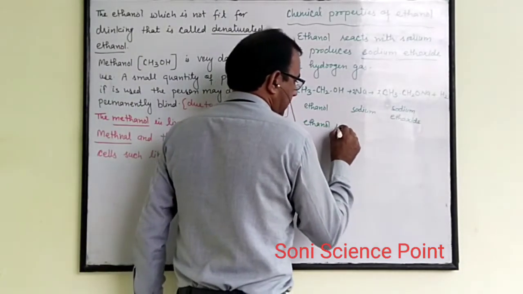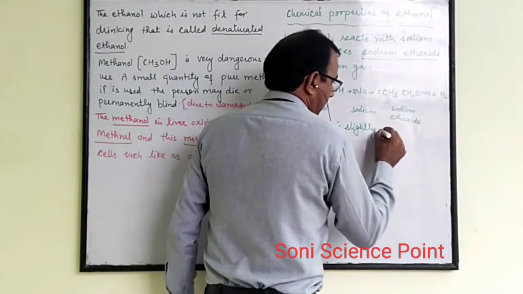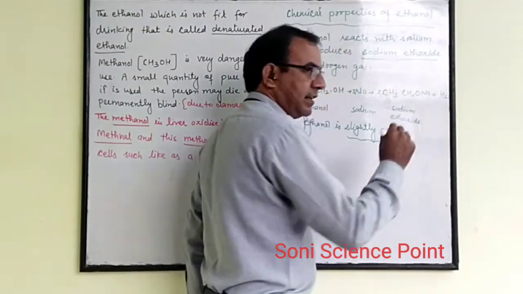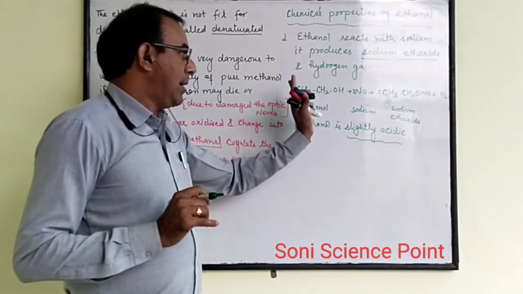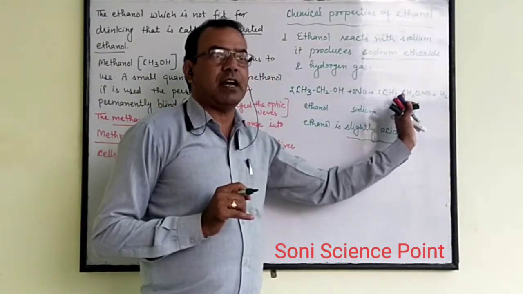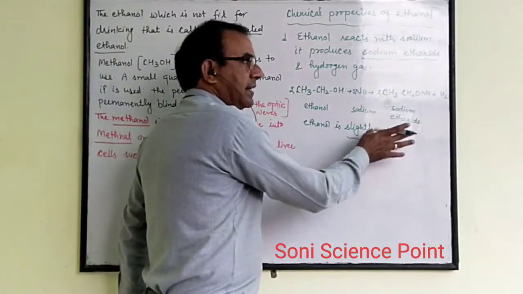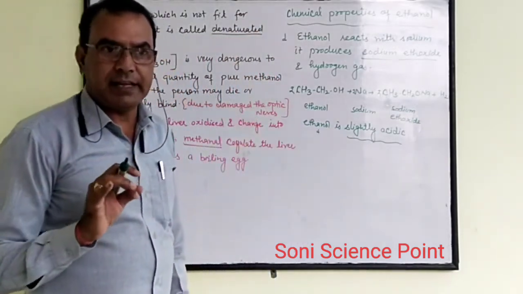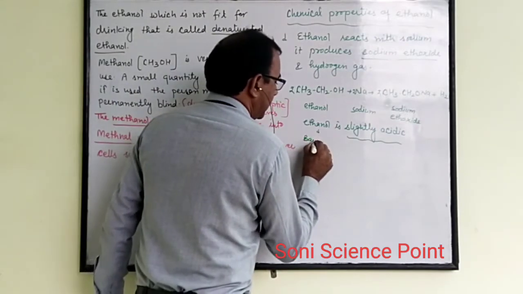Ethanol is slightly acidic. How can we say that? Because we know that a chemical substance which reacts with a metal and produces only hydrogen gas and salt is an acid. So this is slightly acidic. But ethanol has both types of property: it is slightly acidic and also slightly basic.